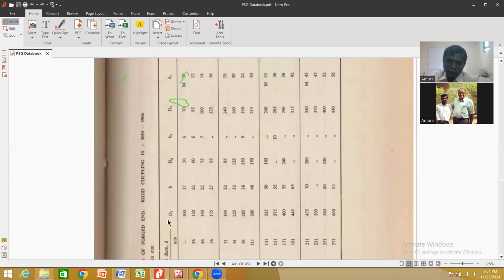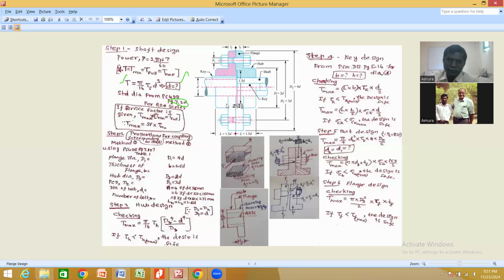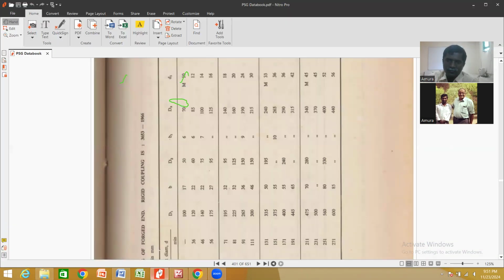D1 is nothing but the flange diameter. B is nothing but the thickness of the flange. And D3 is nothing but the pitch circle diameter. If you see this diagram, we can see that they are written here. This is the outside diameter of the flange, that is D1, which is mentioned in the design data book.